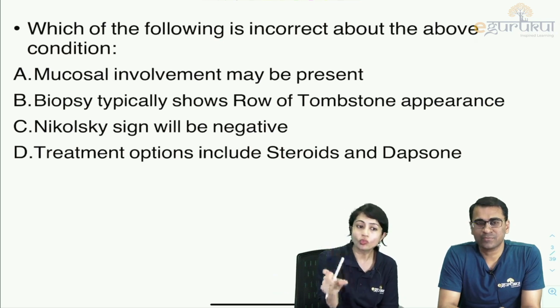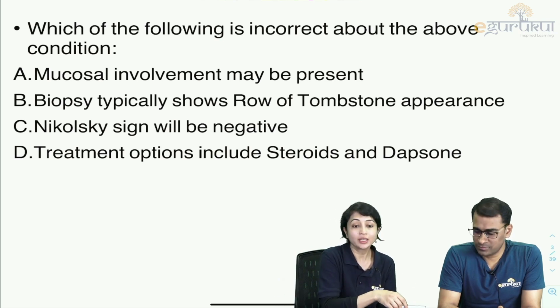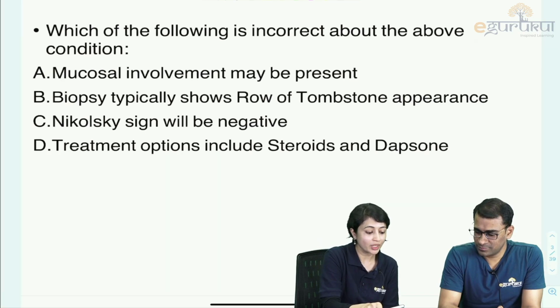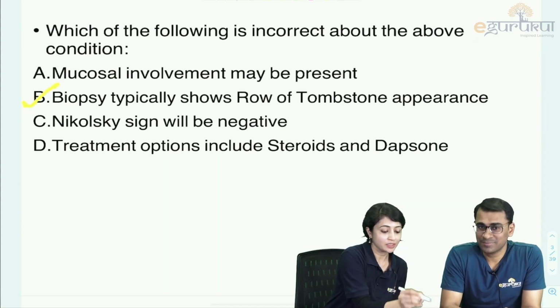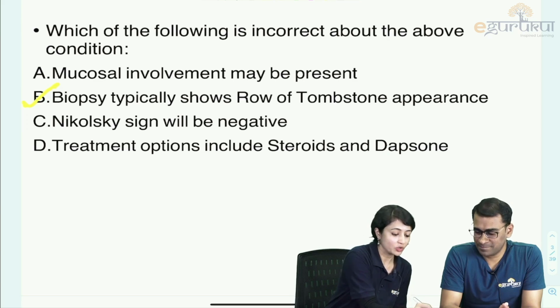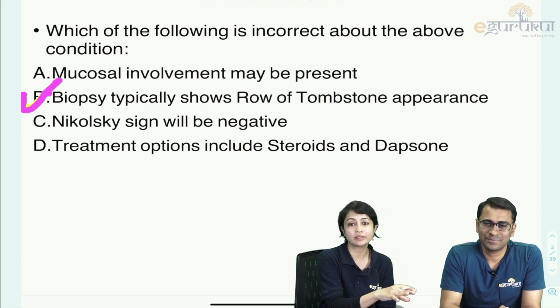And dapsone also can be used in pemphigus, but is more commonly used in bullous pemphigoid. So I think the options are very clear now, and we can make out that option B is my incorrect option because that will be seen in intraepidermal disorder, and the clinical image and DIF that we gave you was for a subepidermal disorder.